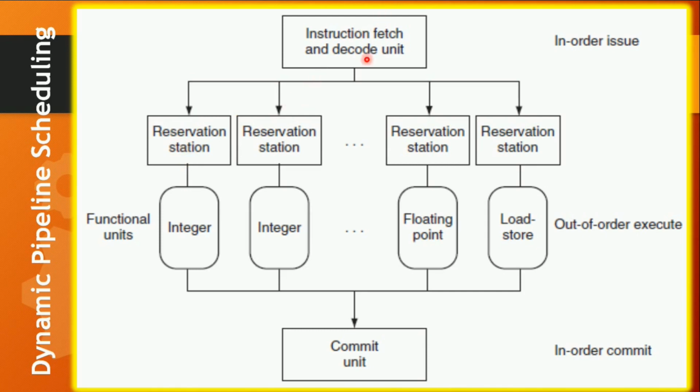If the decoded instruction is an integer instruction, it will be forwarded to the integer functional unit. If it is a floating point instruction, it will be forwarded to the floating point functional unit. So we will have different functional units.